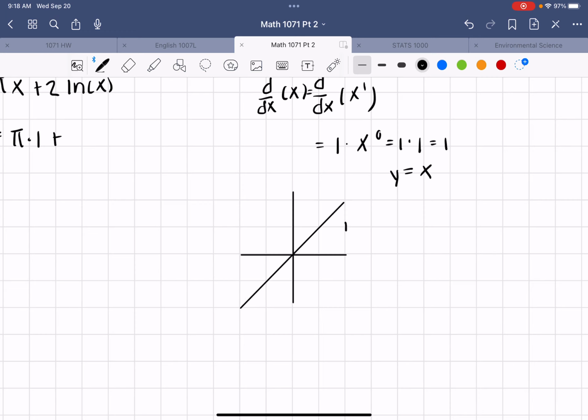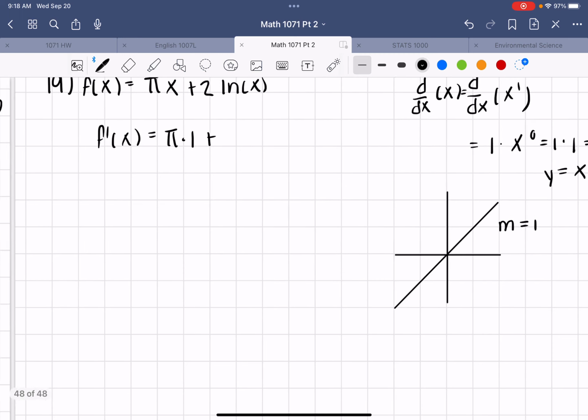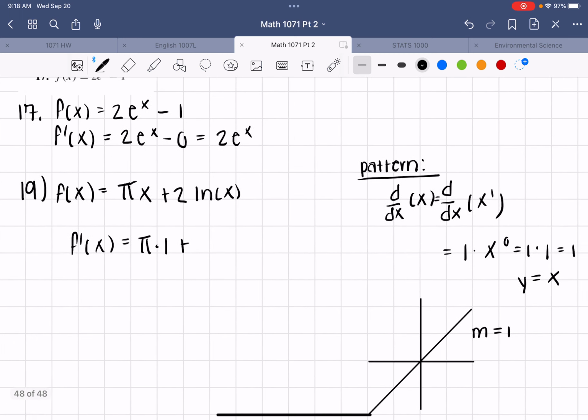So it all hangs together. Plus, we haven't finished here. 2 is a coefficient, it stays. Log x is 1 over x. Are we okay? That log is just one of the derivatives that they gave to you.